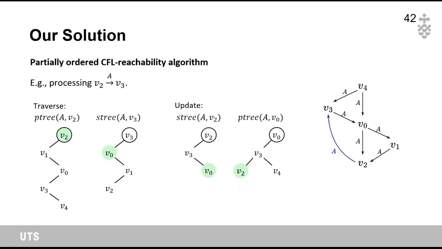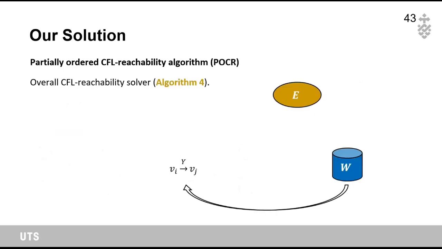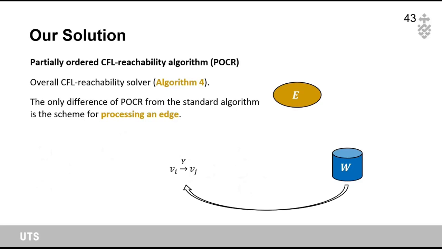We integrate the aforementioned two methods into an overall CFL-reachability solver as algorithm 4 in the paper. The only difference of our algorithm from the standard one is the scheme for processing an edge.